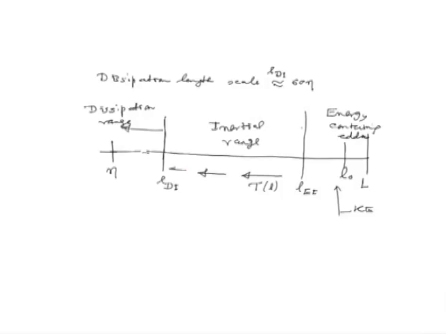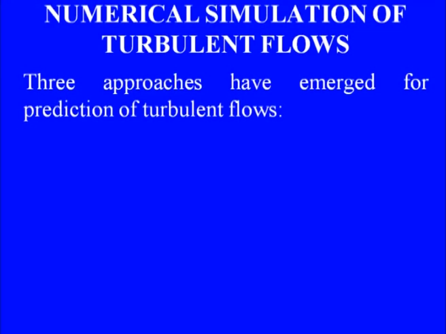So, there is a transfer until we reach this dissipation range, and it is in this dissipation range where the energy is dissipated. And it also gives us some idea about the numerical strategies which we should adopt, and we will have a look at a few of them, that is, what are the numerical simulation strategies which are used for turbulent flows.